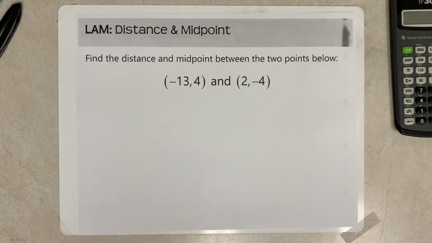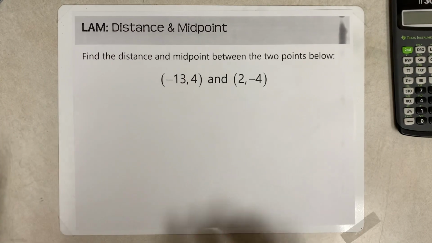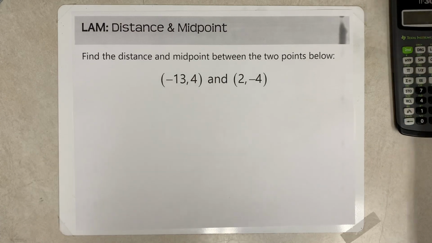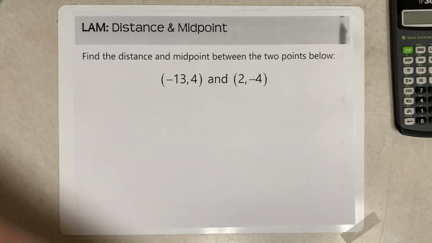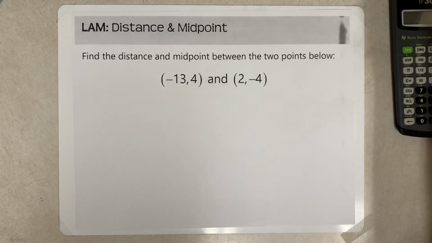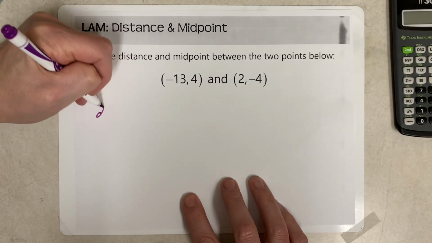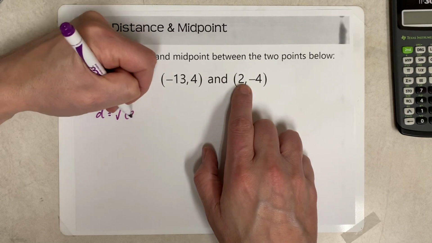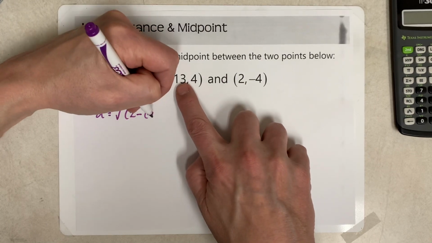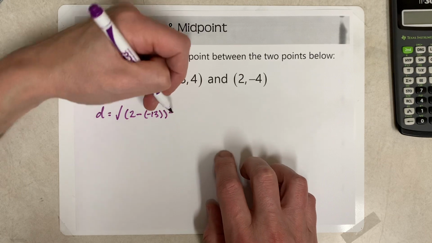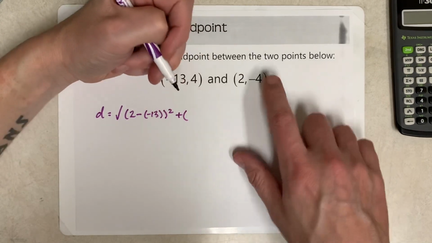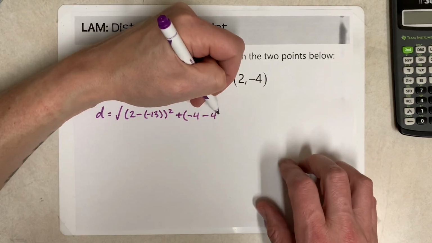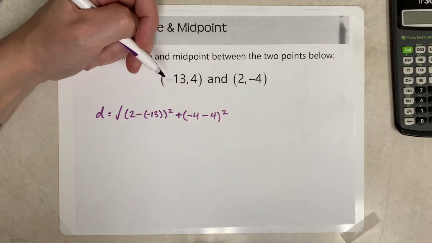Then we have in this one, let's do our distance first, and we'll use purple this time. So this time our distance is going to be square root of 2 minus negative 13 squared plus negative 4 minus 4 squared.